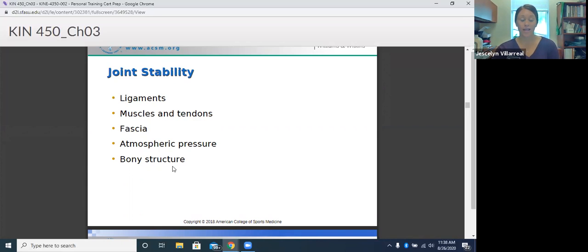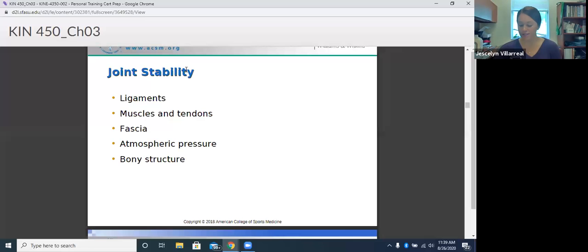Muscles and tendons enhance stability, particularly when the bony structure alone contributes little stability. So if the bony structure alone doesn't give much stability, let's say the shoulder joint, the muscles and tendons become strong and they're able to stabilize the shoulder.